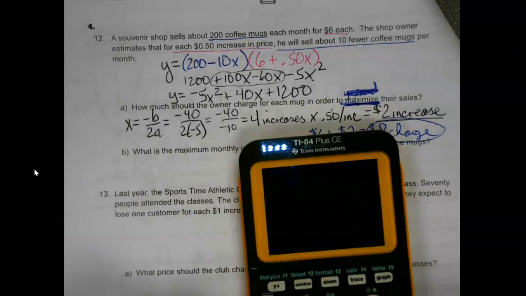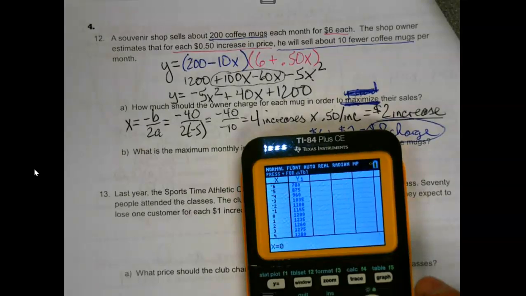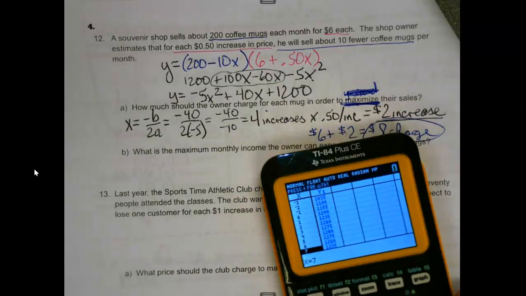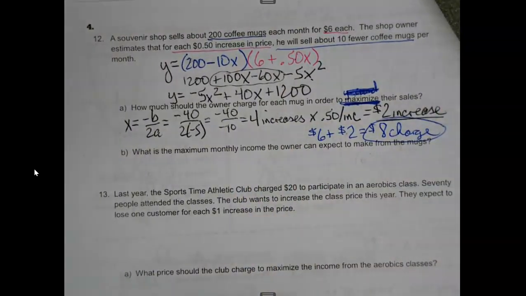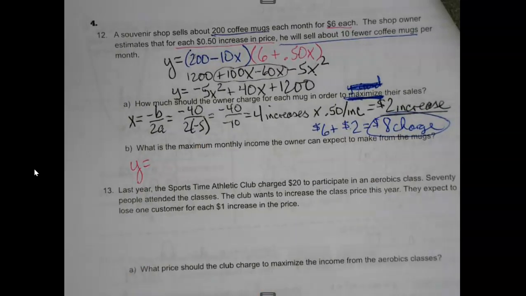So now I can get cute and say, okay, I'm going to do this algebraically once because I want us to see this.